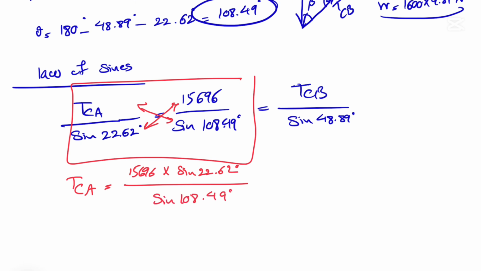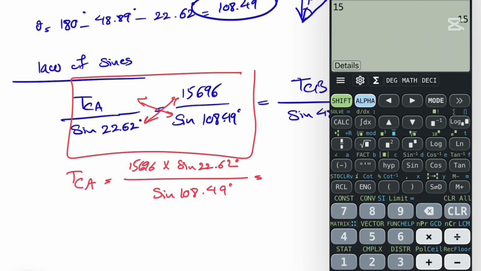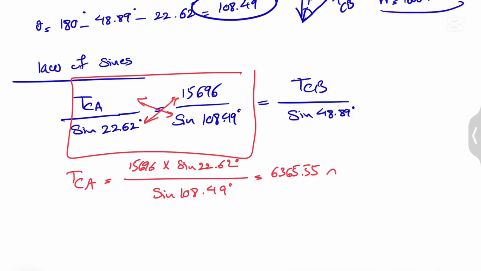Let's see what we get: 15,696 times sine of 22.62 divided by sine of 108.49. That's going to be 6,365.55 newtons, or if you want to report it as kilonewtons, 6.37 kilonewtons.